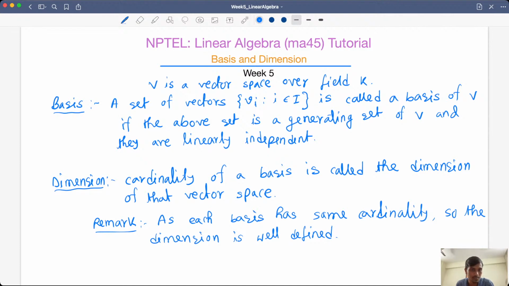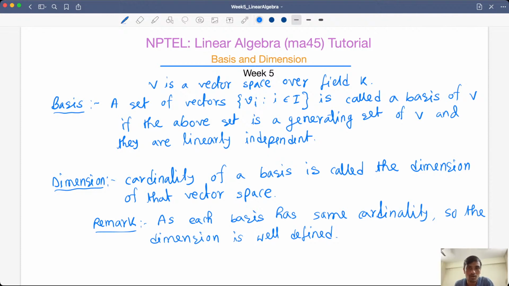Similarly, if you have n vectors which generate the whole vector space, then that will also be a basis. So that's enough, I think, for the theory.